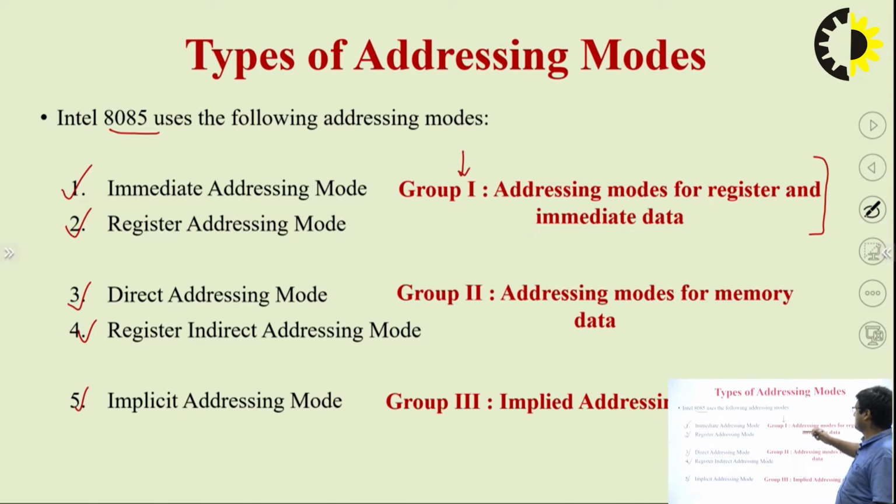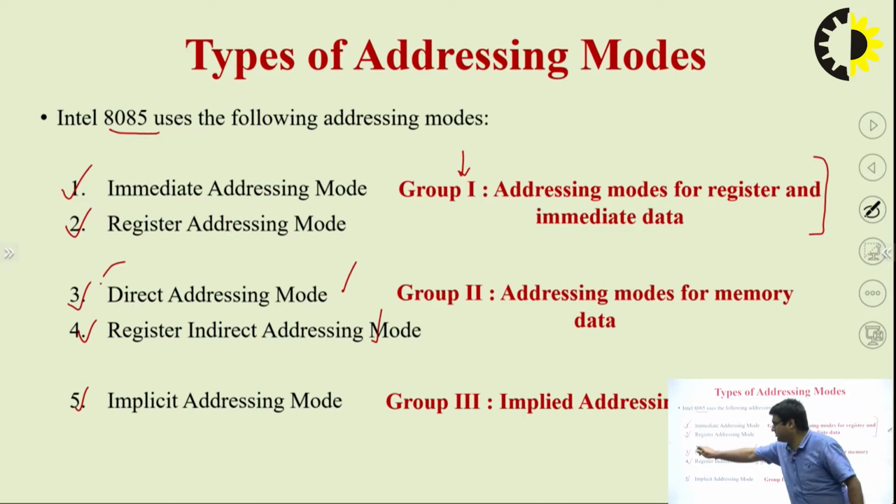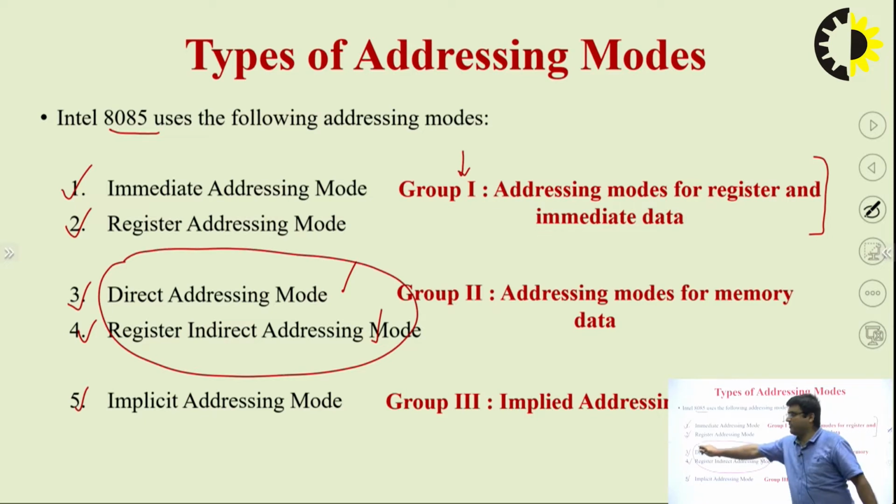Group 1 is the addressing modes for register and immediate data. If the data is in memory and needs to be shifted into the destination operand, then we are talking about the direct addressing mode and the register indirect addressing mode. These two addressing modes are associated with memory locations.